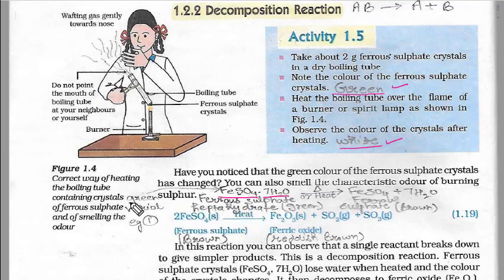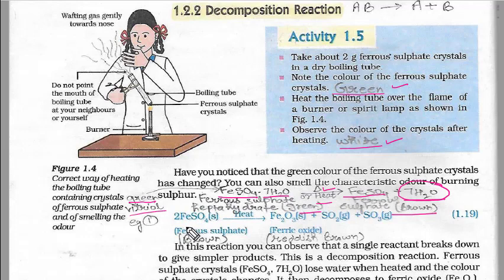It is also known as green vitriol. Clear? When we heat it, we can also use the triangle symbol for the heat. It will break down into ferrous sulfate and water will be separated out. When water evaporates from the ferrous sulfate crystal, their color will change from green to brown.